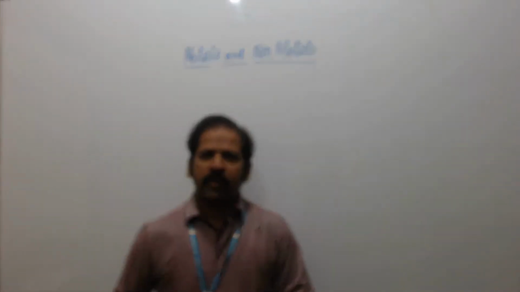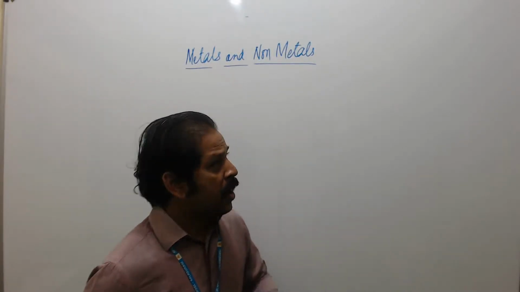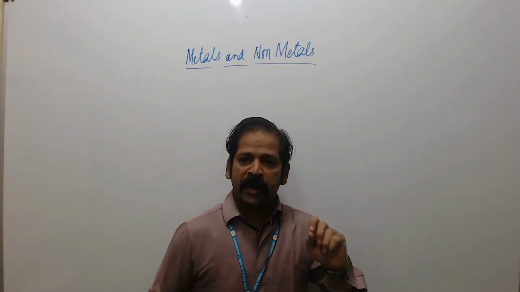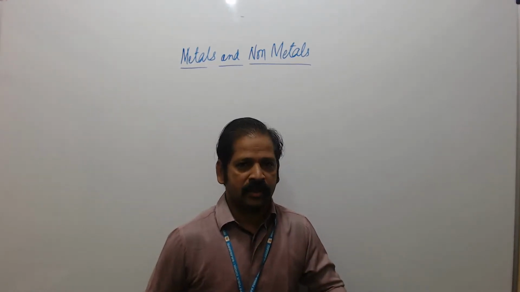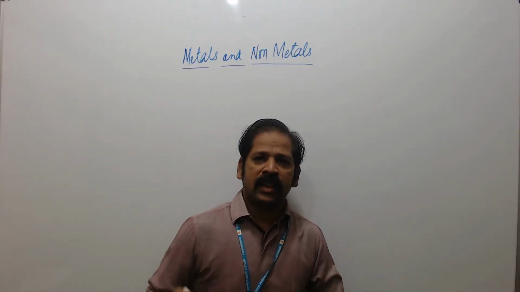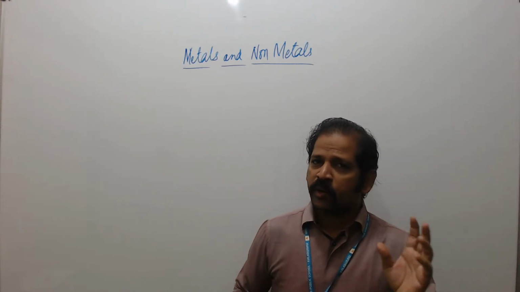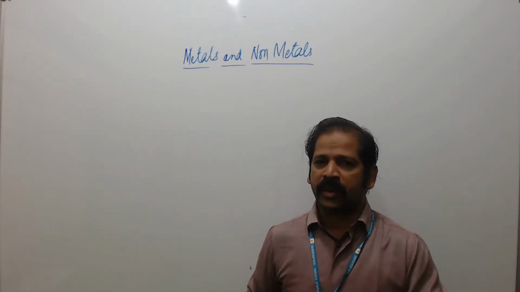Good morning, students. Today we are going to discuss the next topic of metals and non-metals: the chemical properties of metals and non-metals. In the last class, we discussed the physical properties of metals and non-metals. Today we are going to discuss the chemical properties.